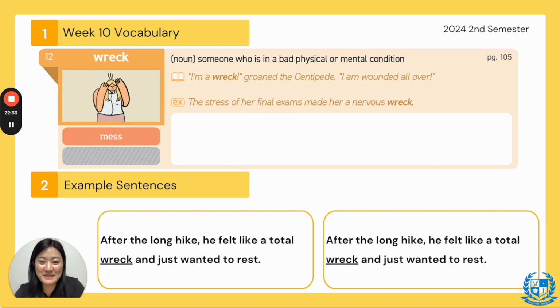I copied the same sentence. I'm so sorry. Let me make another one. After dancing for 10 hours, Miss Kimberly felt like a wreck because she didn't work out for 10 years. Meaning very, very tired.